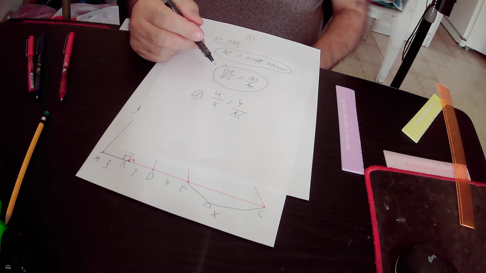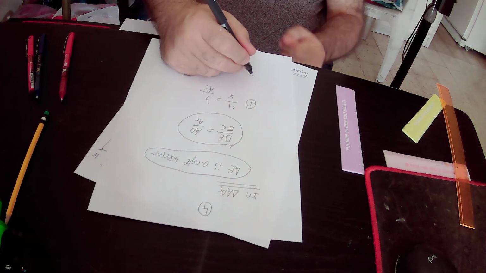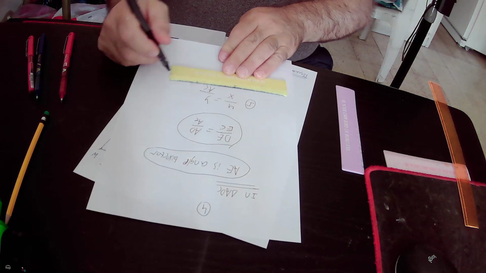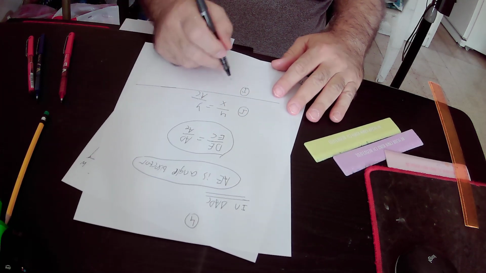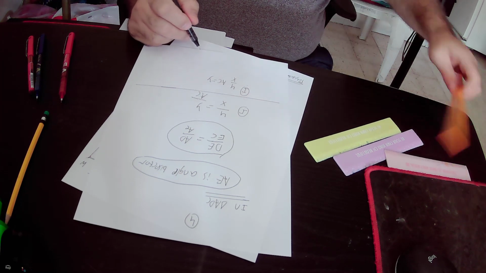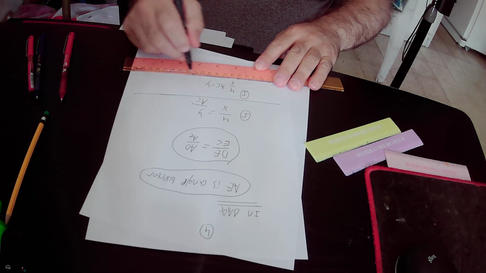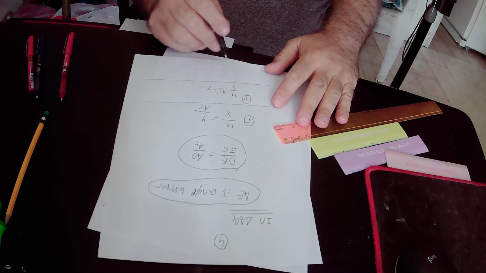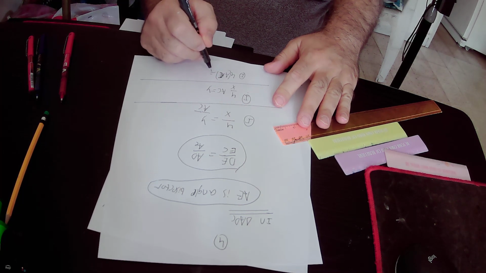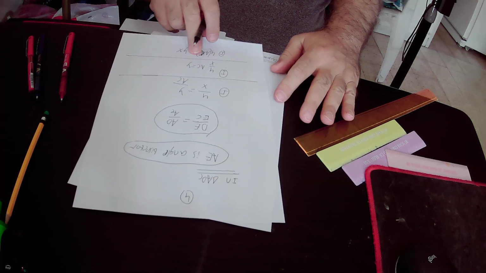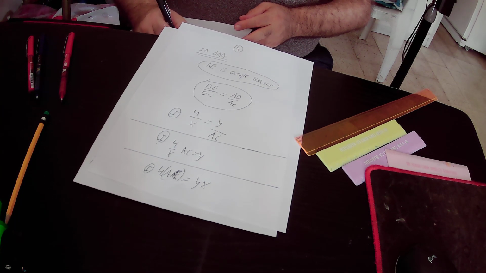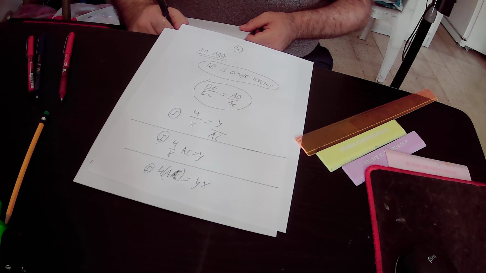Here we will multiply this equality by AC, and we will get 4 over X times AC equals Y. We will multiply this equality by X, and we will get 4 times AC equals Y times X. Here we will divide by 4 in order to get the value of AC, and we will get that AC equals Y times X over 4.